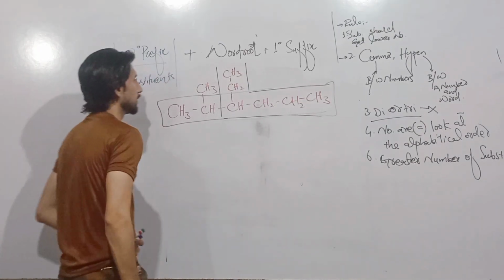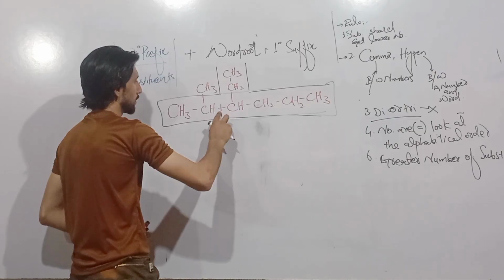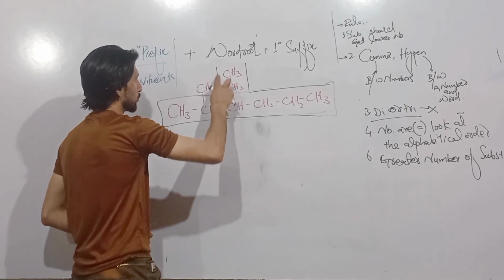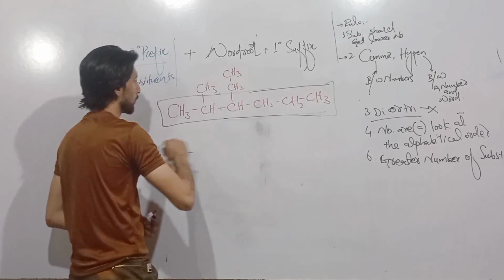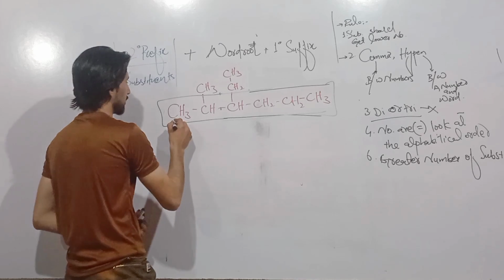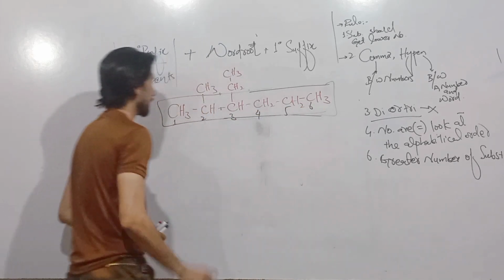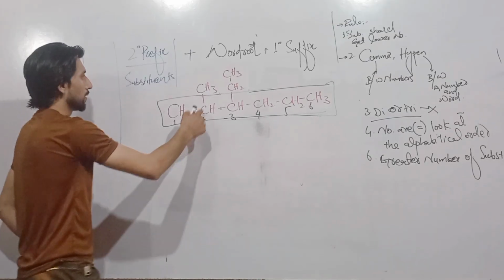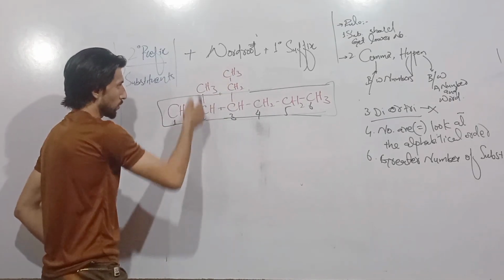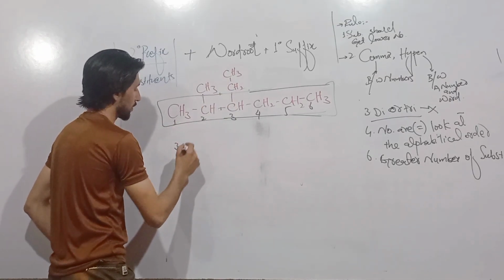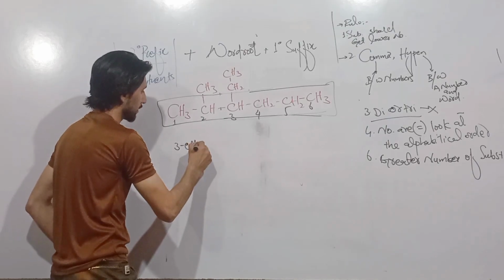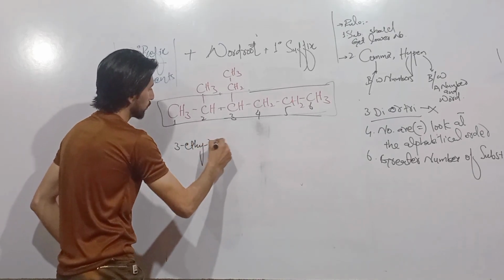So here we should mention the substituents by the number of carbon atoms to which they are attached. So here we have to number the carbon atoms. So 1, 2, 3, 4, 5, 6. Again, the rule remains the same. We must mention ethyl before methyl. So on carbon number 3 we have ethyl, 3-ethyl, 2-methyl.